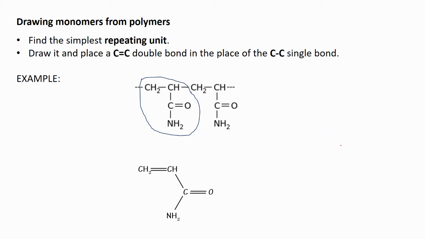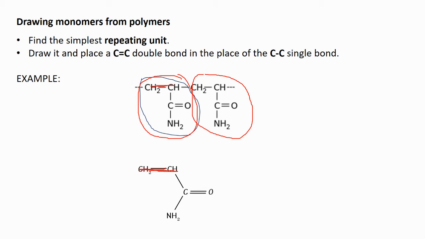Okay, so in an exam question, you're given the polymer and you're asked to recognize and draw the monomer. So all you do for this is circle the simplest repeating unit, and then you draw it and place a carbon-carbon double bond in the place of the single bond. So for example here, this is the repeating unit. You can see we've actually got 2 here. So it's repeating. This is the main chain along here. So you just draw it, and you can see this is now a double bond.